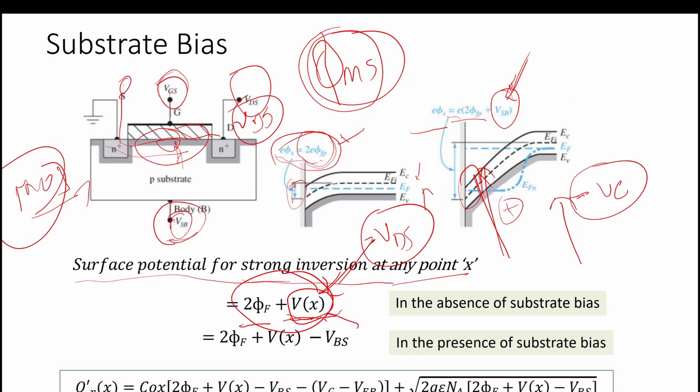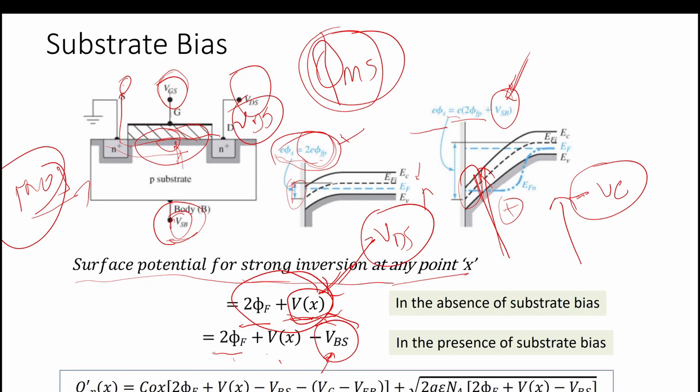After the application of the voltage at the body, the inversion surface potential is modified to 2 phi f plus Vx minus VBS. Here minus VBS is the negative voltage applied at the body.